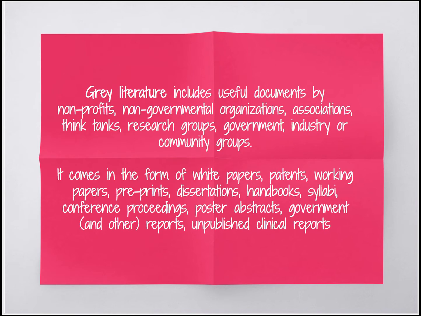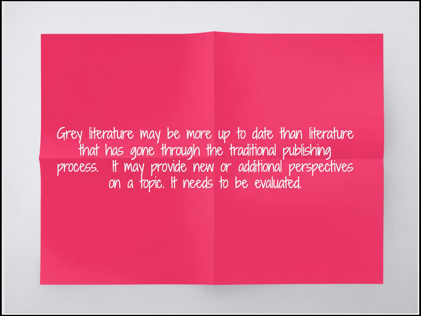Gray literature is useful because it includes documents from nonprofits, non-governmental organizations, associations, think tanks, research groups, government, industry, and community groups. It comes in the form of white papers, patents, working papers, preprints, dissertations, handbooks, syllabi, conference proceedings, poster abstracts, government and other reports, and unpublished clinical reports.